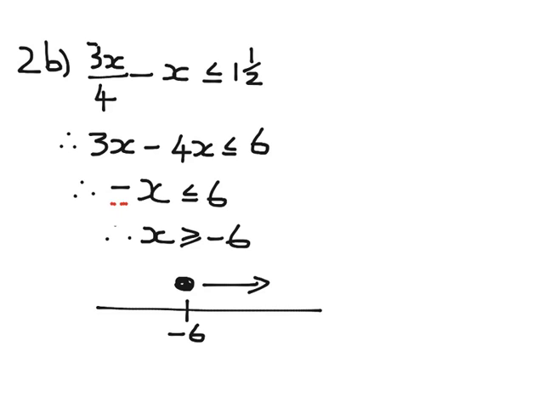So we divide both sides or times by negative 1, and so then this inequality sign here changes. So what you notice in this case is that the x is between two limits now. It's between two numbers.